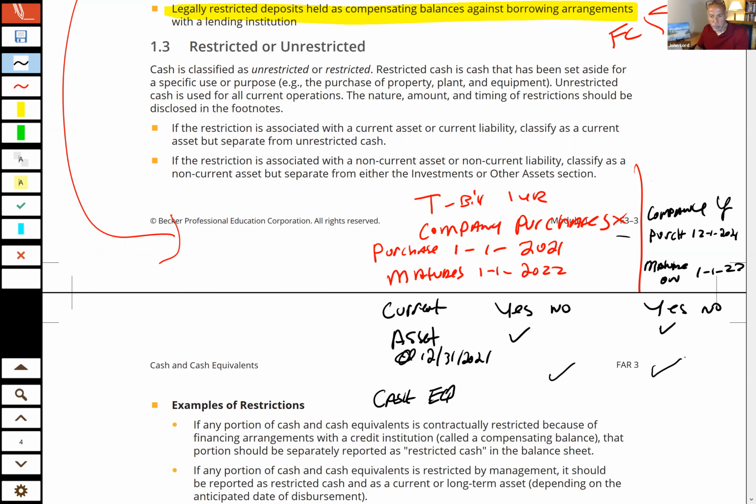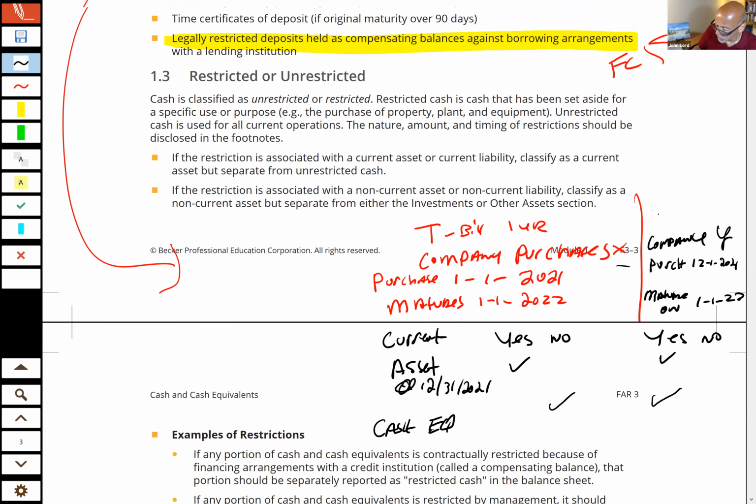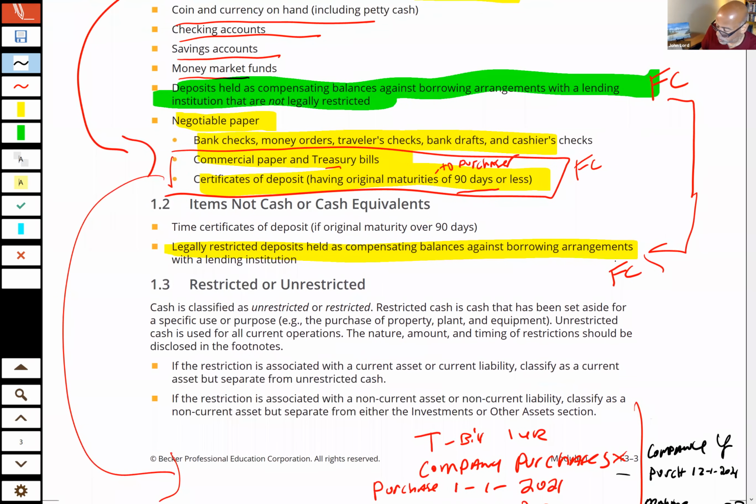The original maturity to the purchaser was less than 90 days. Excellent. So make sure you flashcard that and keep in the back of your mind that it's listed as a cash equivalent. When we prepare the statement of cash flows and look at the change in cash for the period, it's the change in cash and cash equivalents for the period that we'll be reconciling, whether by operating, investing, or financing activities.